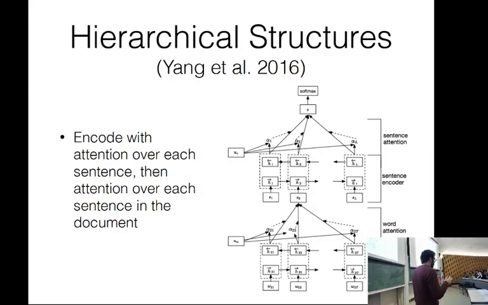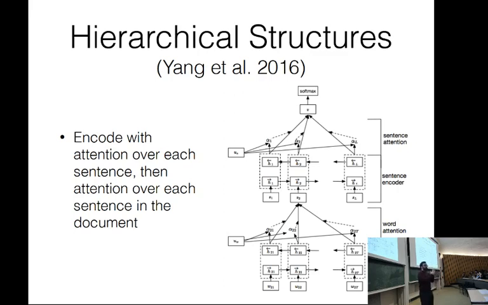And one more thing that you can do is use attention in a type of hierarchy and attend over hierarchical structures. So in this work, the task was document classification, right? A document is comprised of many sentences. So what they did is, in the bottom, for every sentence, they read in the words, they had the embeddings, they read the words through an RNN, and then they attended over the representations and got a context through the attention.